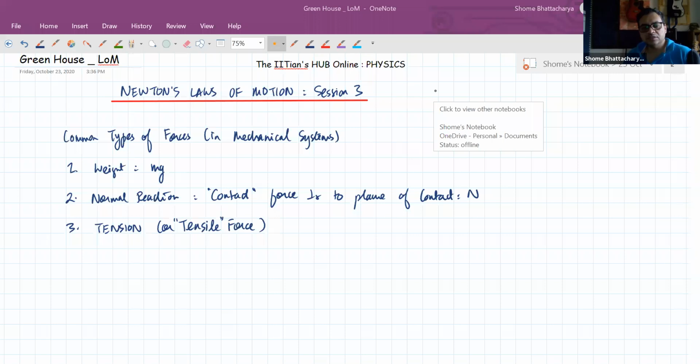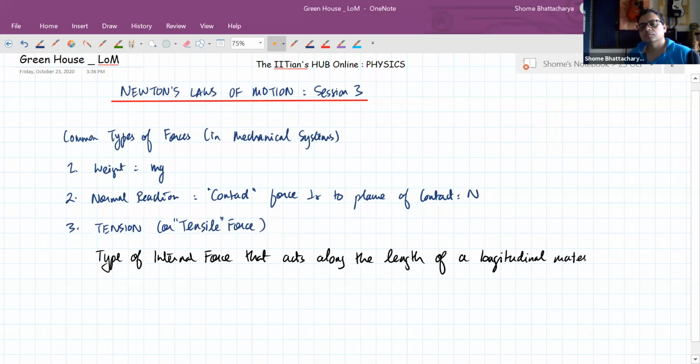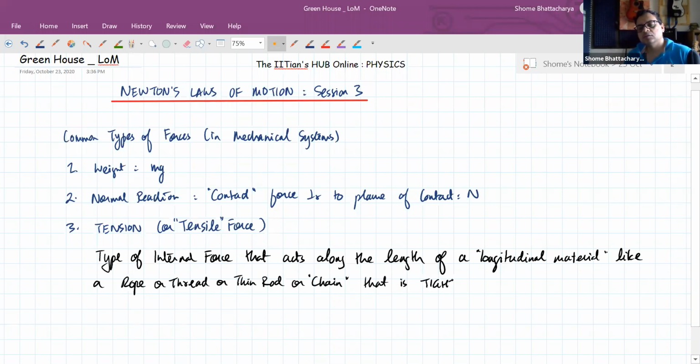So in short, tension is a type of internal force that acts along the length of a longitudinal material, like a rope or thread, thin rod or chain, or any of these kinds of things, that is tight.